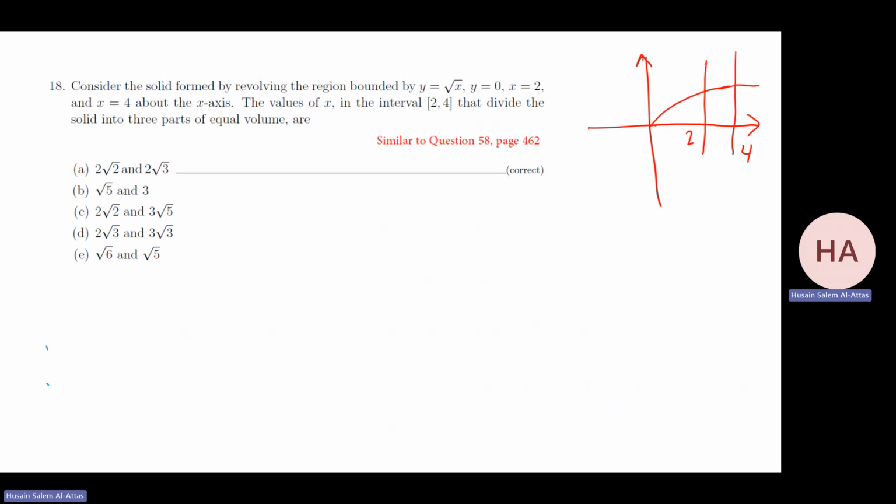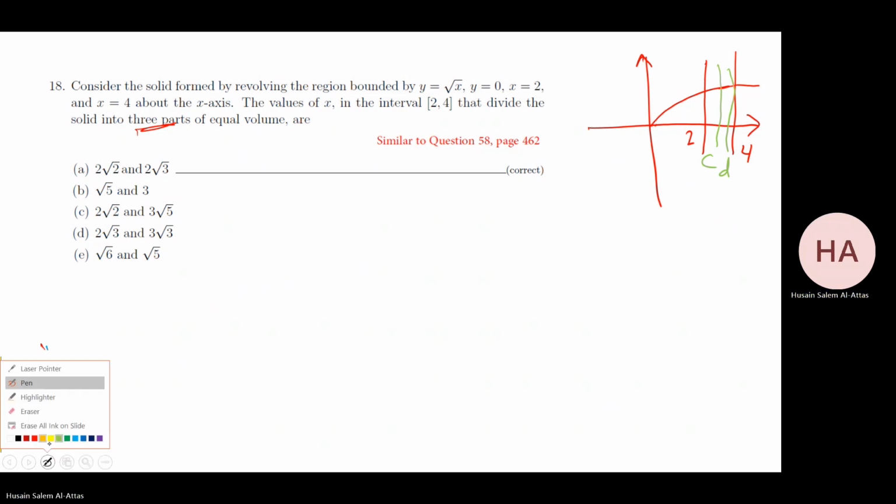You want to divide the solid into 3 parts. I'll do the same idea like what we did before. So I have, this is C, this is D. This would be my step, put it any place, no problem. It's about the x-axis.